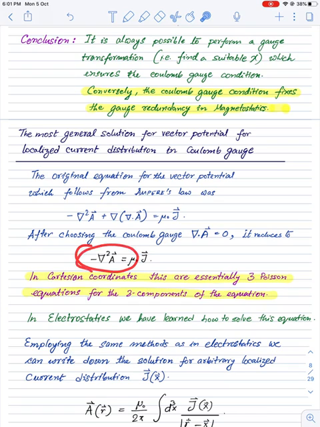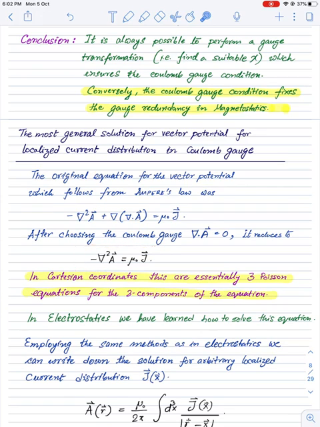Of course, in spherical polar or cylindrical polar coordinates, the expressions are completely different, because the Laplacian on a scalar is different from the Laplacian on a vector. The Laplacian acts non-trivially on the unit vectors in those coordinates.